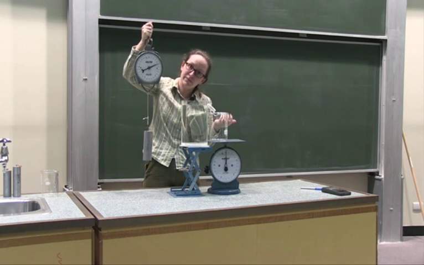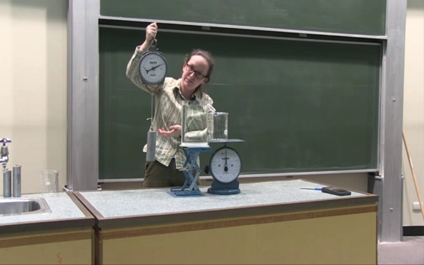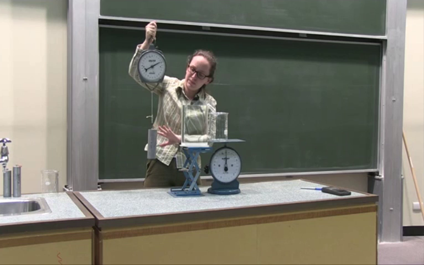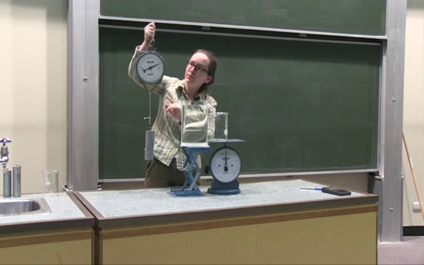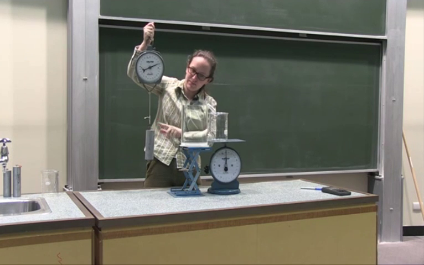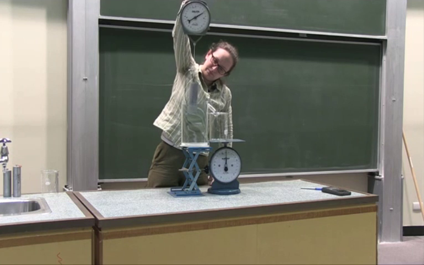Now, according to Archimedes' principle, there should be a buoyancy force pushing up on this metal equal to the weight of the water displaced by the metal, which should mean that the scales read a lower number when this mass is submerged. So let's submerge it now.